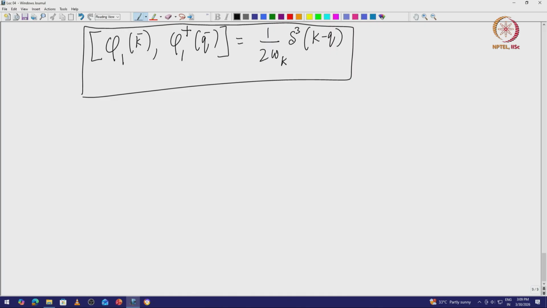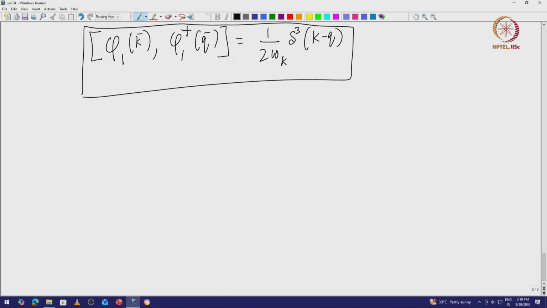Why is this important? Because now we are reaching the conclusion of how to connect this with a harmonic oscillator's raising and lowering operators. Now you see that this phi is very much like the annihilation operator A, whereas phi dagger is like the A dagger operator.